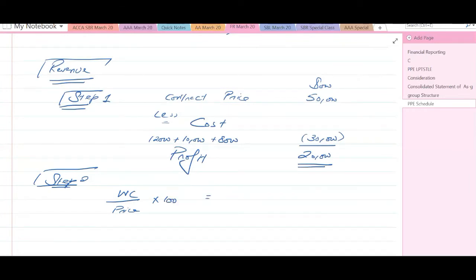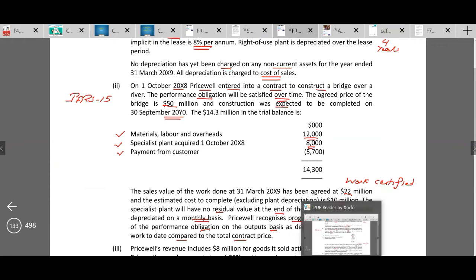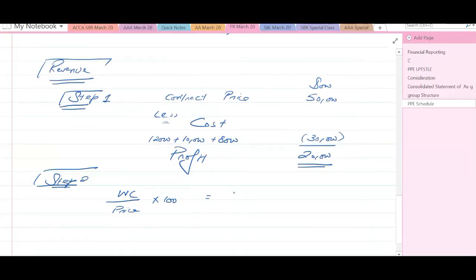So work certified is 22 million, 22,000 divided by 50,000 into 100, 44%.